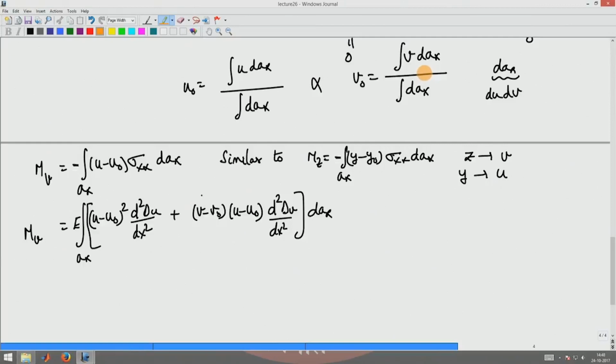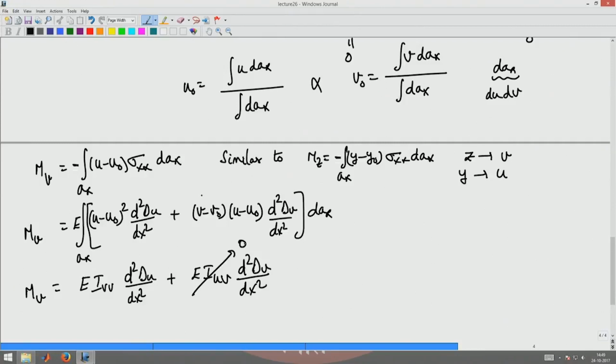So, if the origin of the coordinate system is oriented at the center of the cross section, u naught and v naught would be 0, and hence this equation will simplify to Mv would be E times Ivv d square delta u by dx square plus E times Iuv d square delta v by dx square, but this by our definition of uv axis is 0.